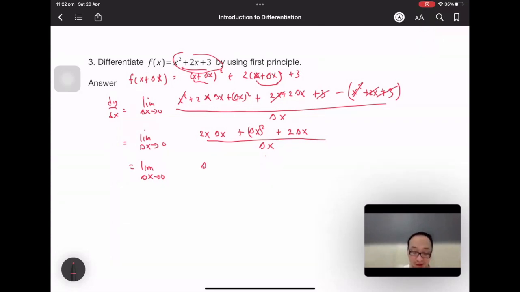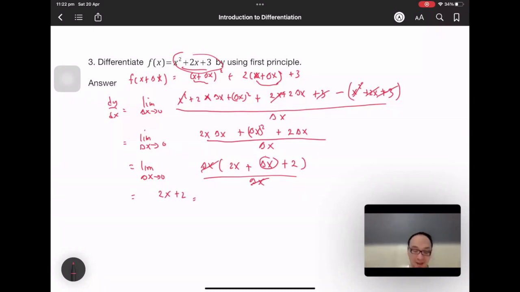So delta x, it's 2x plus delta x plus 2 over delta x. So cancel this. And when I replace the delta x with 0, I have 2x plus 2. So this is the correct one.